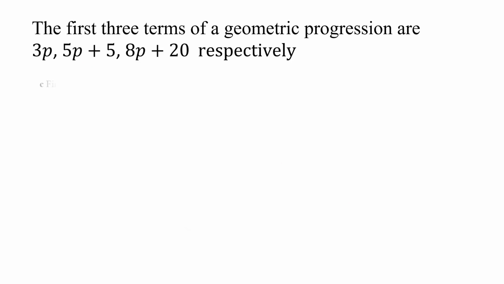So now we move on to part C of the question, which is the last part. It says find the sum of the first 10 terms of the progression. To do this, we have to use p and we also have to use r.